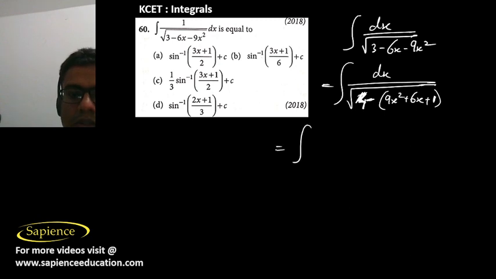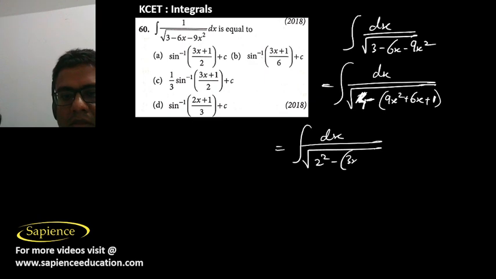This will be equal to the integral dx by square root of 2 square minus 3x plus 1 whole square. So why did we write like this?